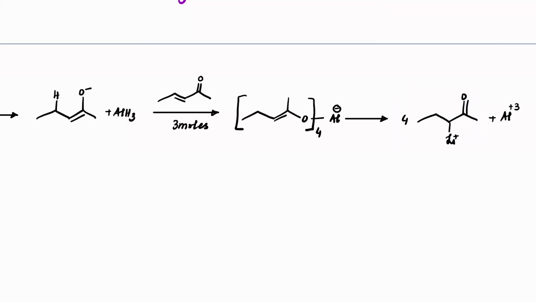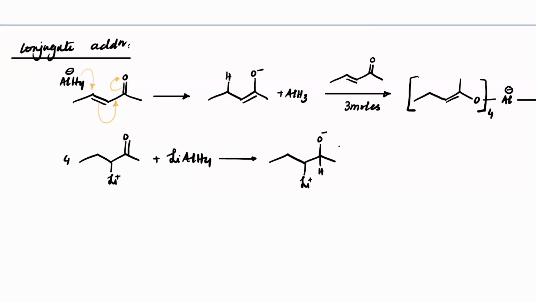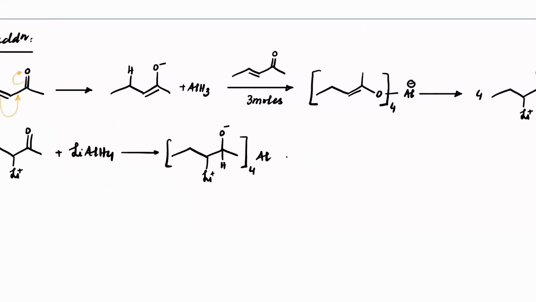Now this 4 moles of compound can be reacted with one more lithium aluminum hydride to get O minus, and here you can have this O minus, lithium plus, and hydrogen will be here, and the 4 moles with aluminum will be present.